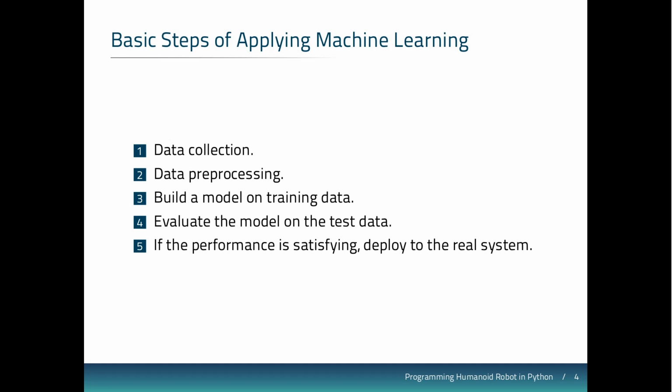Then we can test or evaluate the performance of our model on the test data. And where does the test data come from? Actually, both training data and test data come from the data we just collected. But we have to divide them into two different splits without overlapping.